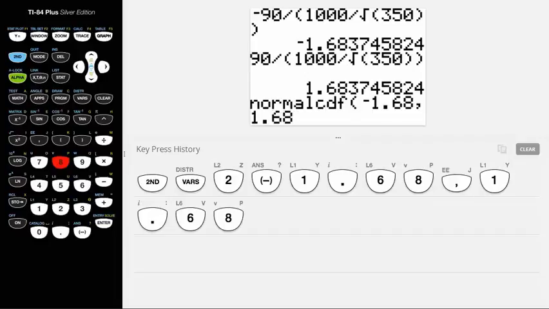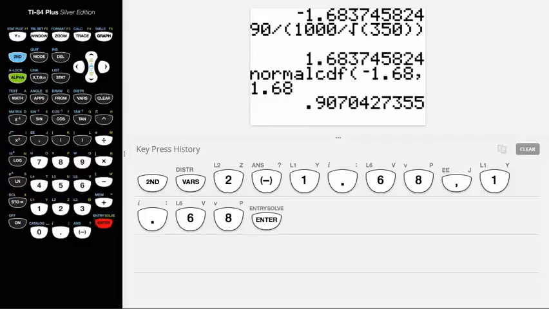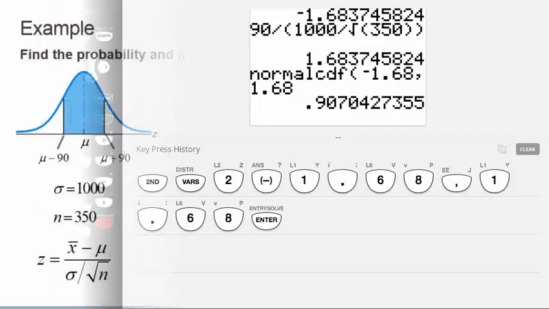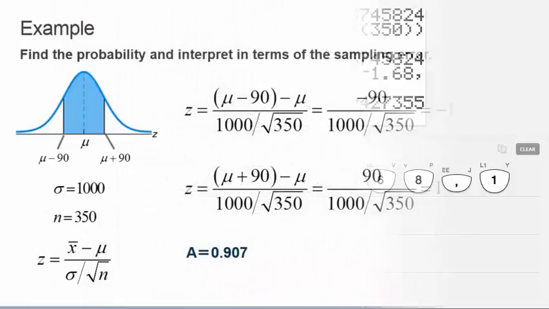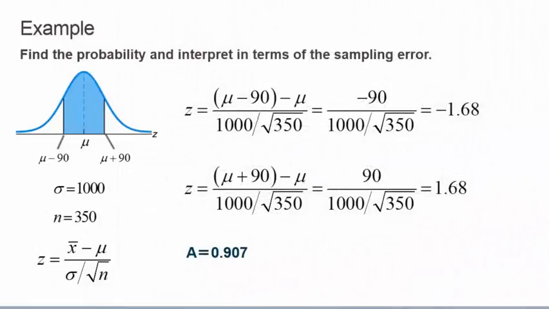Since I'm using the standard normal curve, which has a mean of 0 and a standard deviation of 1, they're the defaults, I can just press enter. And I get an area of 0.9070427. So our area is 0.907.